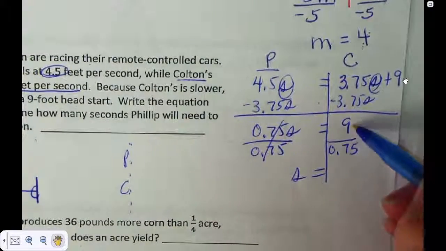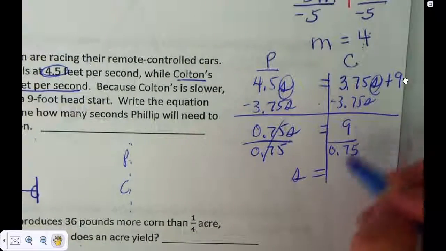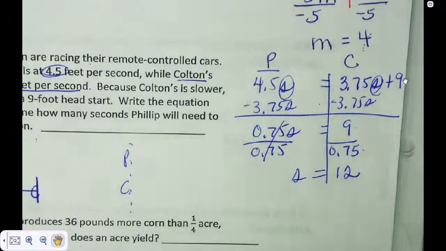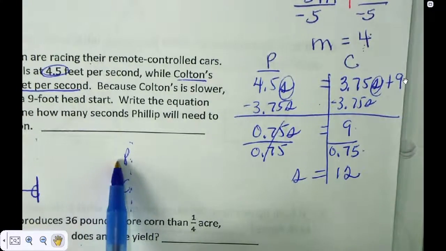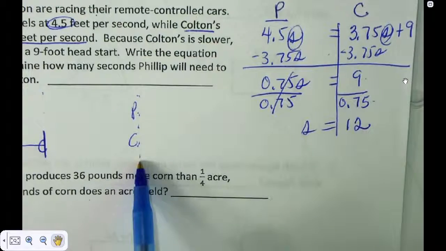So 9 divided by 0.75. What does that give me? 12. So in 12 seconds, guys, Philip is going to catch up with Colton. And they're going to be neck and neck. They're going to be equal. Their distances will be equal.